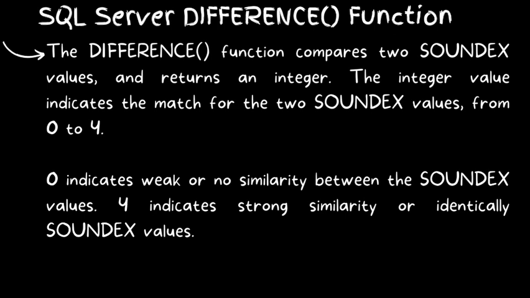Difference function. The DIFFERENCE function compares two SOUNDEX values and returns an integer. The integer value indicates the match for the two SOUNDEX values, from 0 to 4. 0 indicates weak or no similarities between the SOUNDEX values. 4 indicates strong similarity or identical SOUNDEX values.